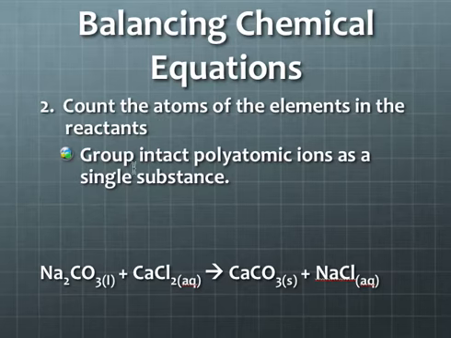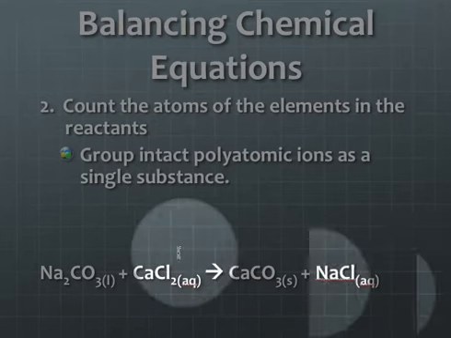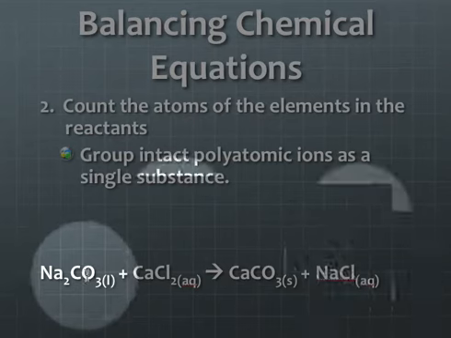So in this step, we are going to count the atoms of all the elements in the reactant side. And this second part here is just a helpful hint. You want to group any kind of polyatomic ions together as a single substance. And here's what I mean by that. So right here, if you look, here's carbonate, CO3, okay? That's an anion, a common anion of ours.